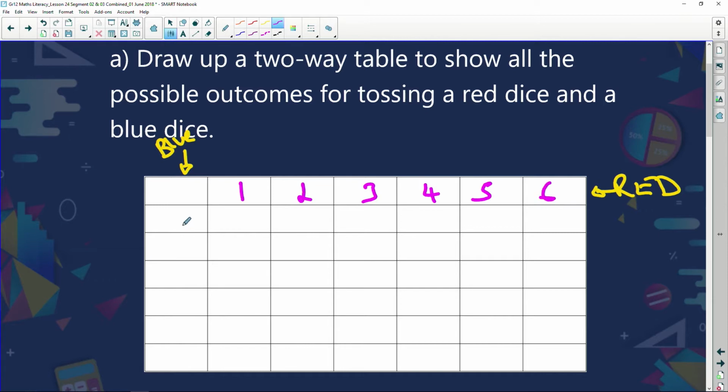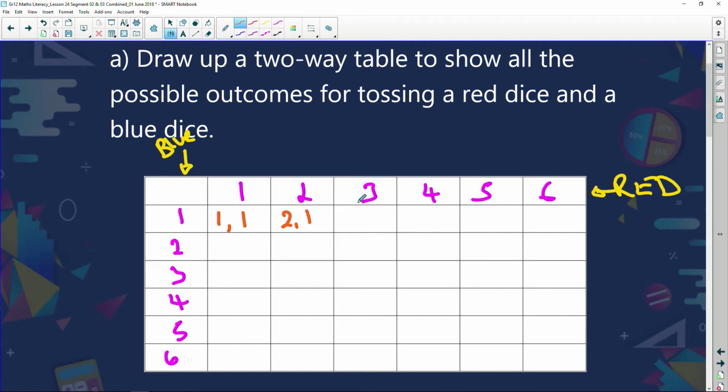And blue dice, it could be a 1 or a 2 or a 3 or a 4 or a 5 or a 6. So, if the first one's a 1 and the blue dice is a 1, I'm going to have 1, 1 as a combination. If the red dice is a 2 and the blue dice is a 1, I've got the combination 2, 1.